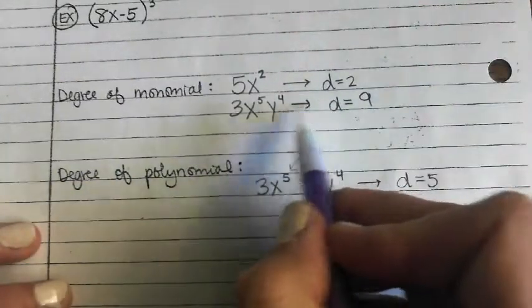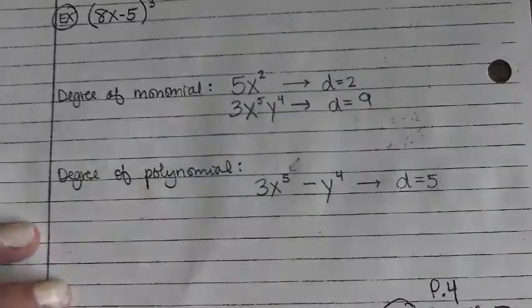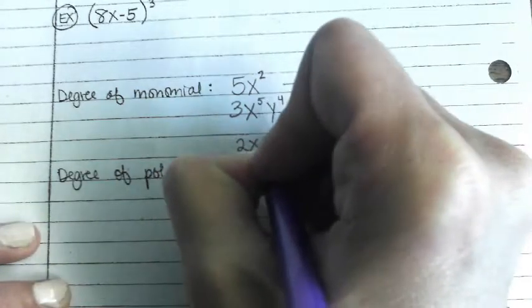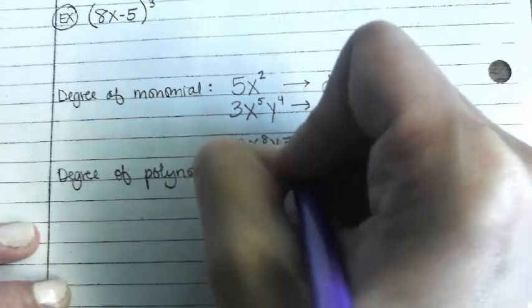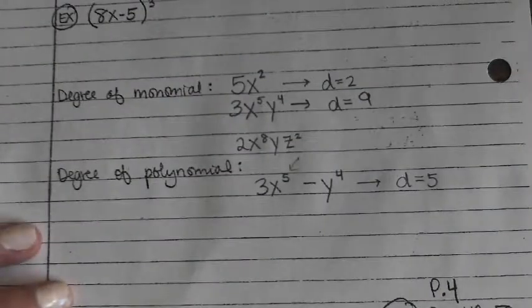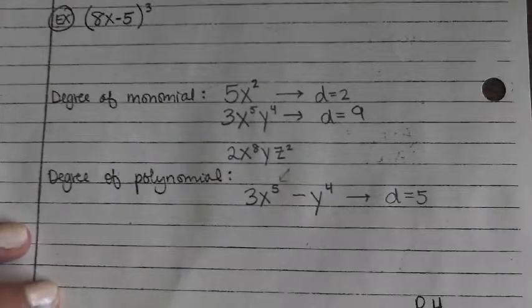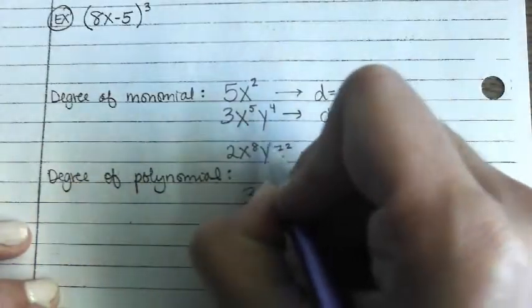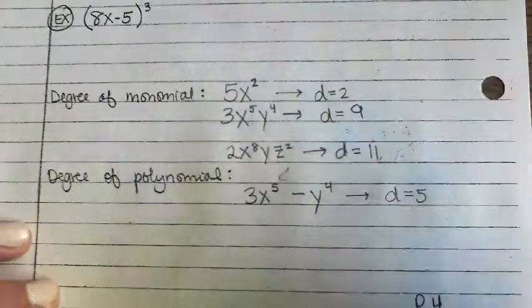But if it's a monomial, you add up your exponents within that monomial. Okay? What about this? 2x to the 8th y z squared. 11, very good. 8, 9, 10, and then the 11th comes from the y.